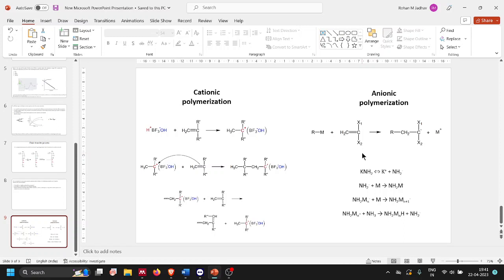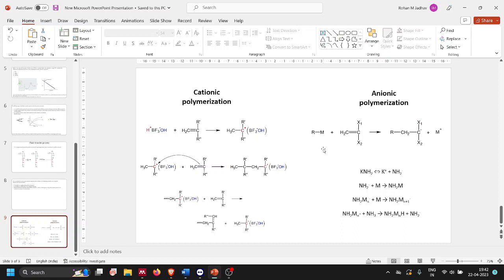Or the initiation rate is much larger than the propagation rate. So if the initiation rate is much larger than the propagation rate, a lot of monomers will go under initiation and they will keep initiating the polymerization process again and again. In that case, the kind of polymerization is called living polymerization.